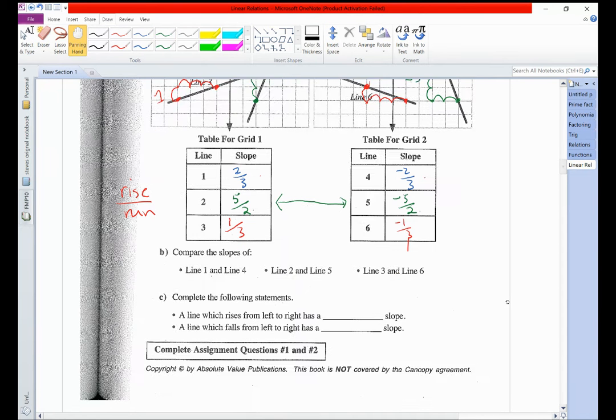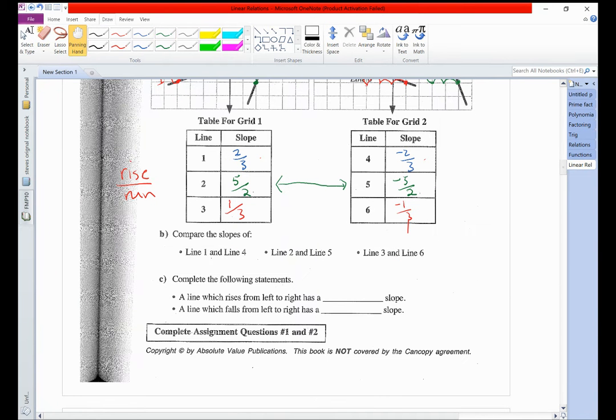So what we're trying to figure out here is a line which rises from left to right has a positive slope. And a line which falls from left to right has a negative slope. So if you're going up to the right, that's a positive slope. And if you're going down to the right, that's a negative slope.